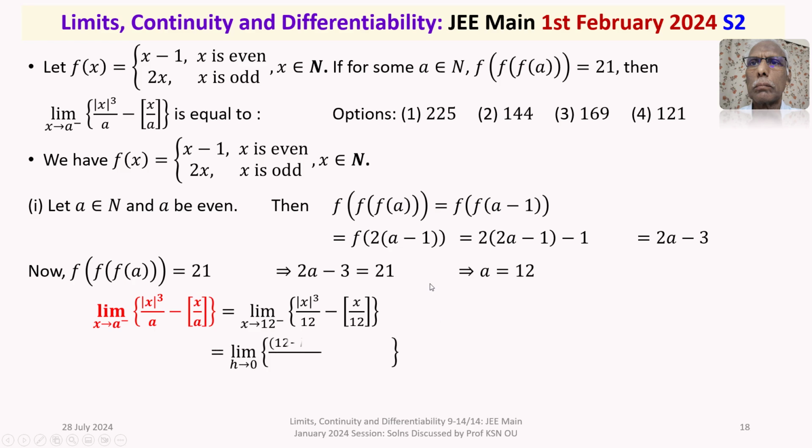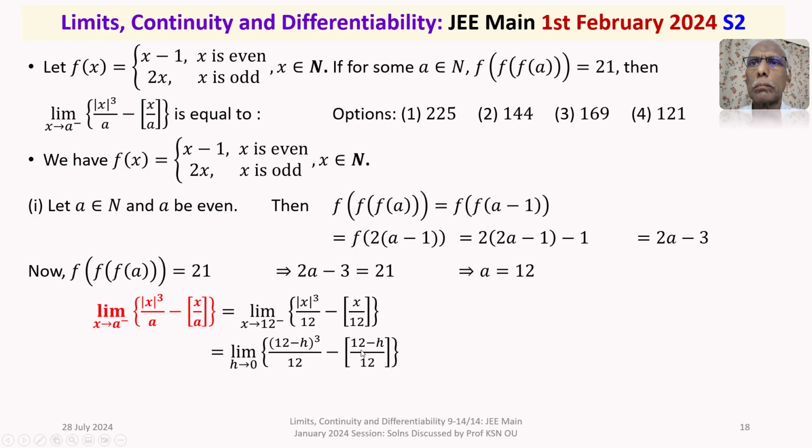And now we will take limit h tends to 0 for x. We write 12 minus h because it is from the left. 12 minus h whole cube by 12 minus the bracket 12 minus h by 12. Now 12 minus h whole cube by 12, as h tends to 0, it is 12 cube by 12.